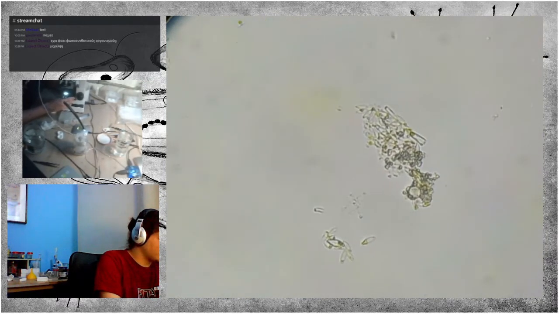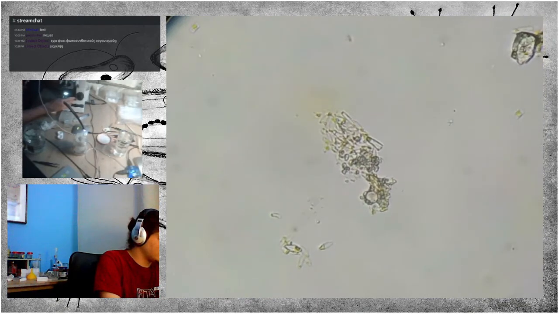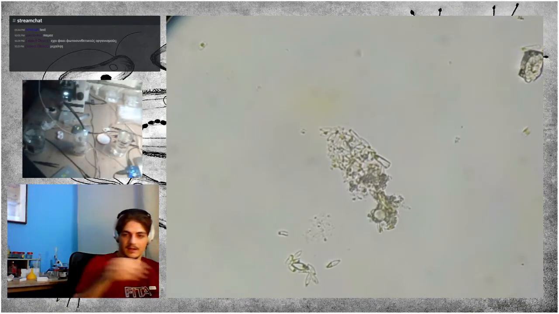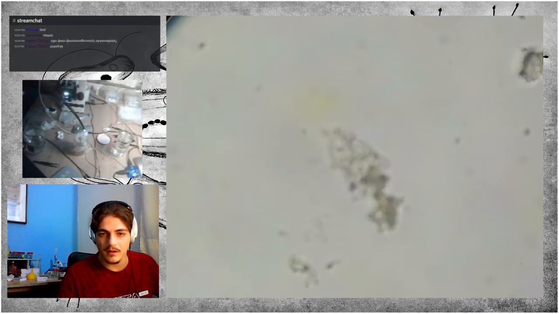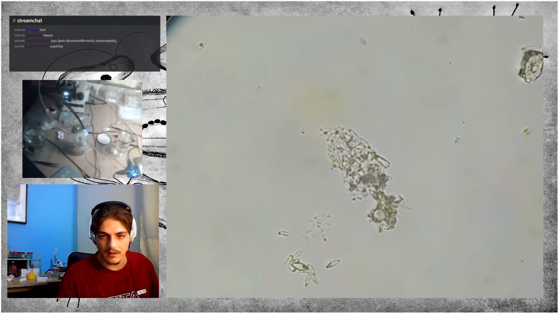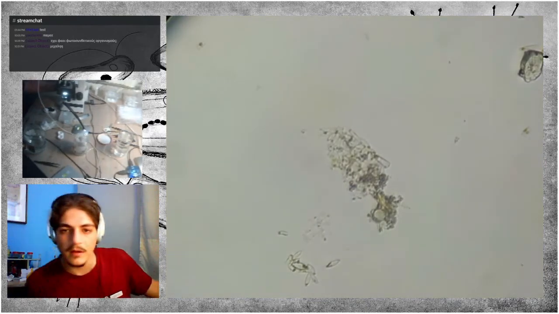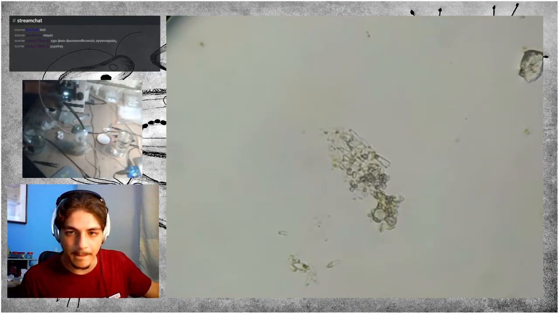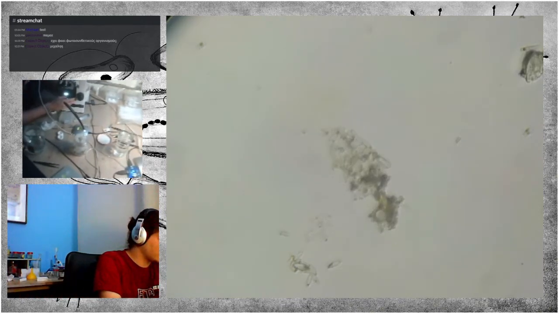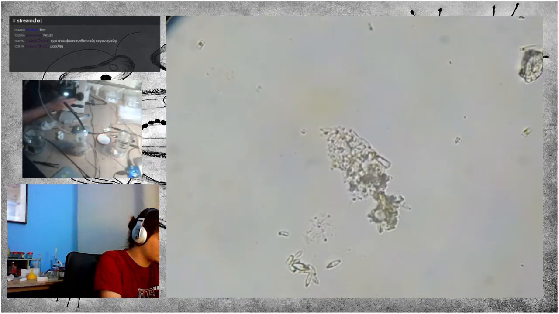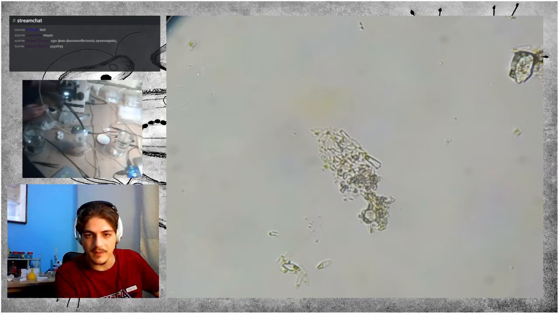Here's a bunch of dead diatoms. You can see their empty shells. It's a bit blurry on the camera. Okay, now it's better.